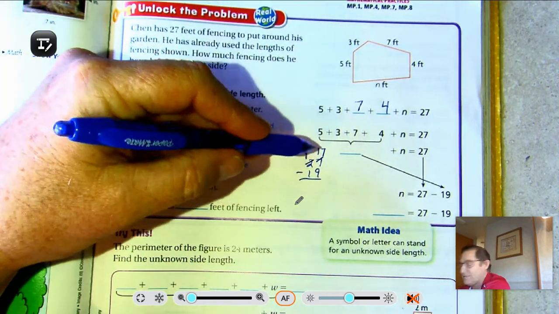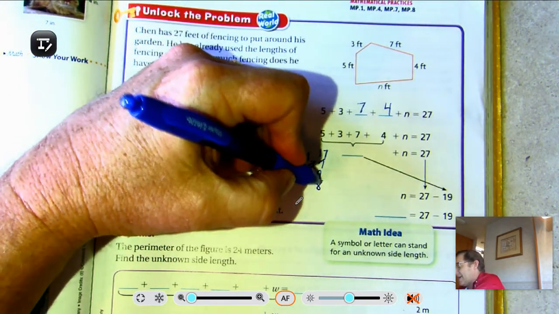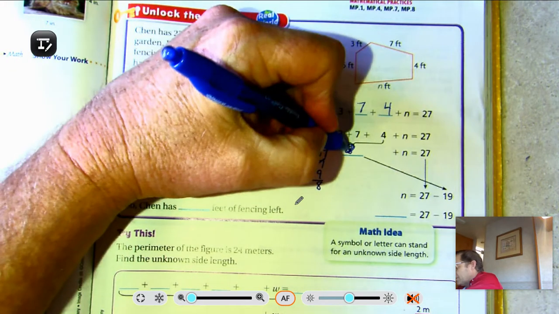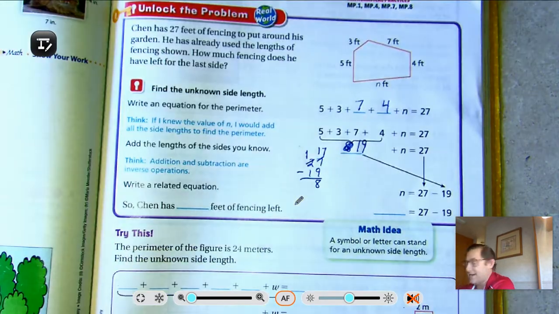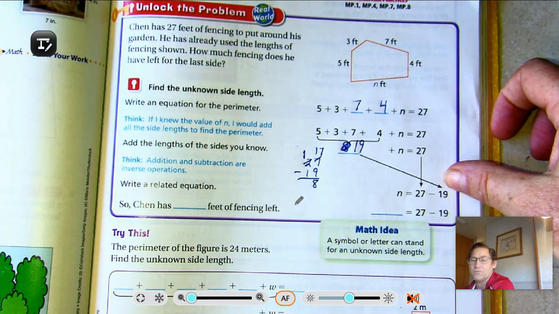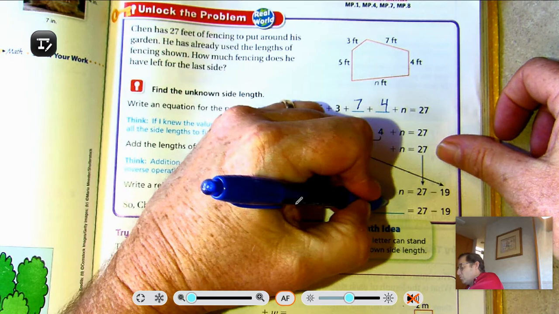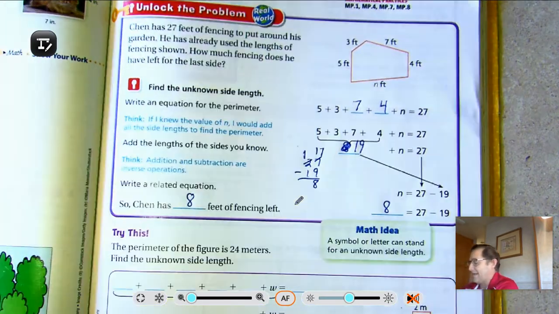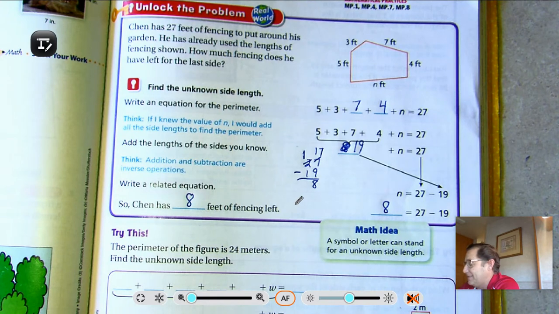We now have 17 ones. 17 take away 9 is 8. Sorry, that should be 19, the sum of the ones we know, and we're going to take it away from the 27, which was the total perimeter, 8. So, he has 8 feet of fencing left.